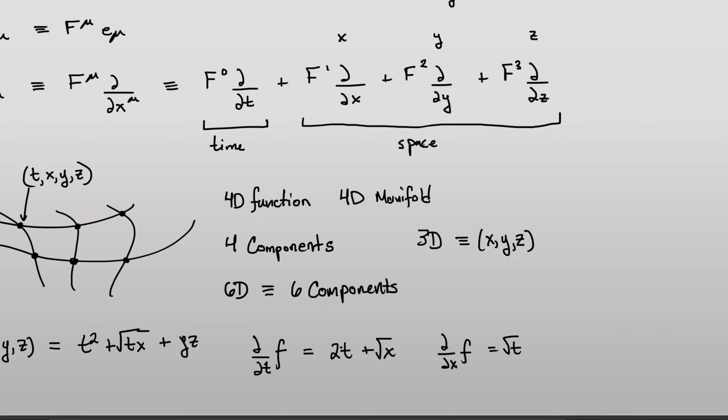But notice now, if this was our function that defined our manifold, right? If this was our function, then these operators have to act on some function that defines some notion of our space, what our space actually looks like, right? And these are the bases, right?